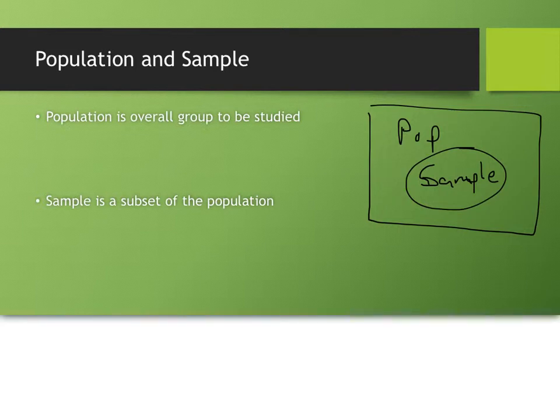Well, your population is males who attend community college, and you might take a sample of those. But notice that males who attend community college can be a population, even though that excludes females, that excludes a lot of people who don't go to community college. So population is the group to be studied, sample is the subset.